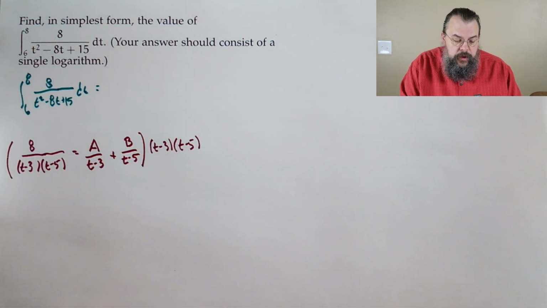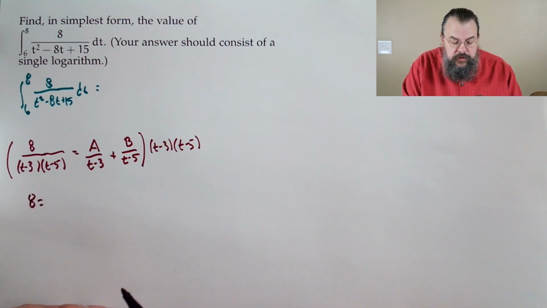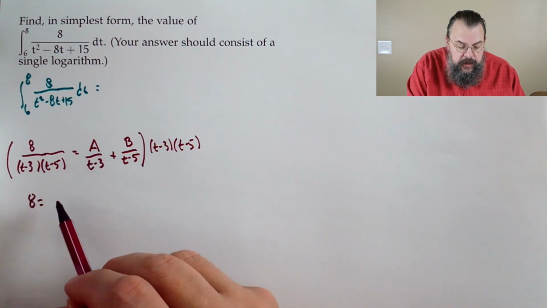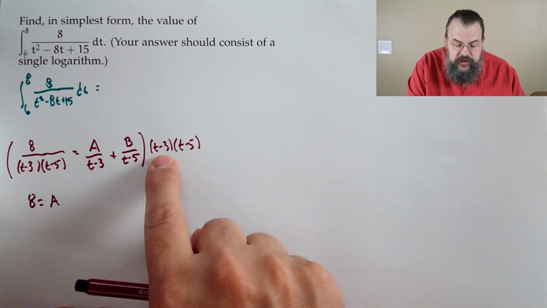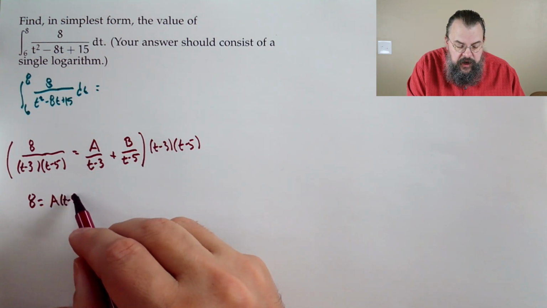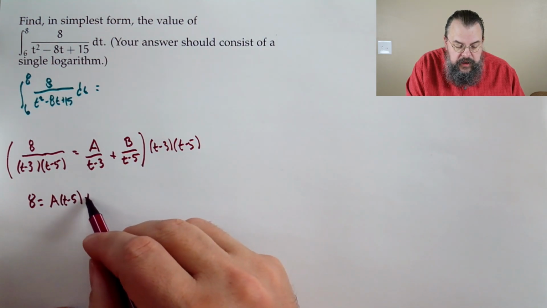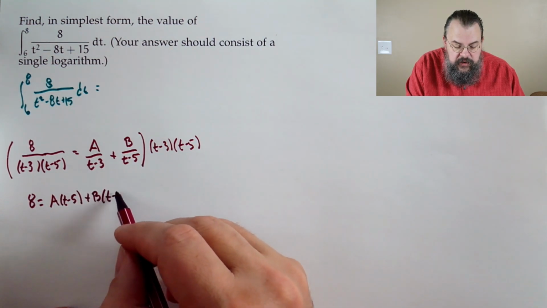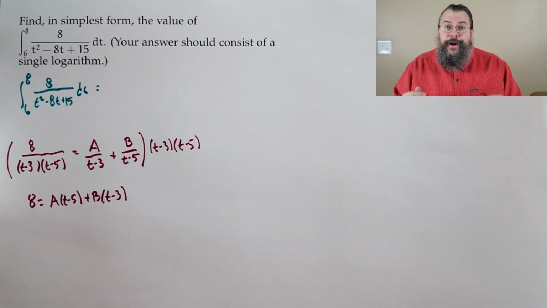All right, well, so we're going to end up with 8 is equal to, well, A times, here the t minus 3's cancel, so we're going to have a t minus 5. So A times t minus 5. And then here the t minus 5's cancel, so we're going to have B times t minus 3.